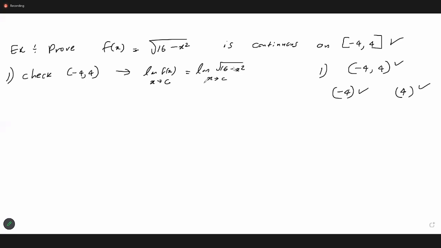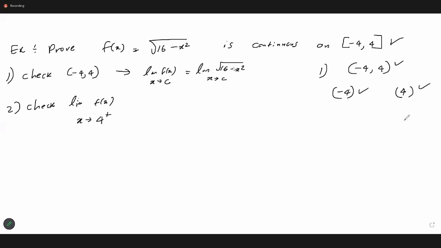We have to check within the range whether this function is continuous. Then we check the limit of f(x) when x approaches positive 4.